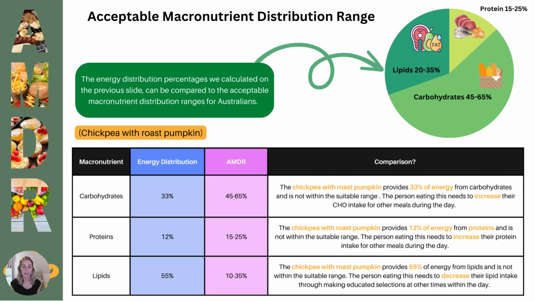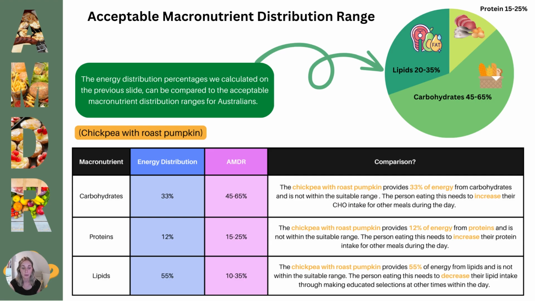Now, when you're comparing the amount of energy in a serving of food against the AMDR, we can then use that to make recommendations. So you can see here that the chickpeas with roast pumpkin provides 33% of energy from carbohydrates and is not within the suitable range of 45 to 65%. The person that's eating this food needs to increase their carbohydrate intake for other meals during the day.